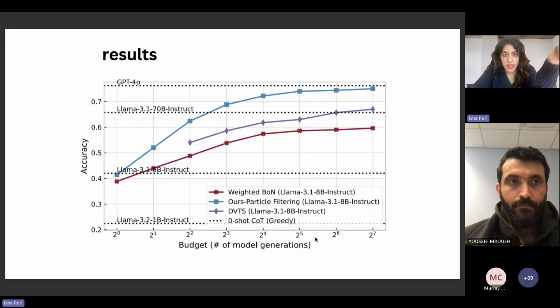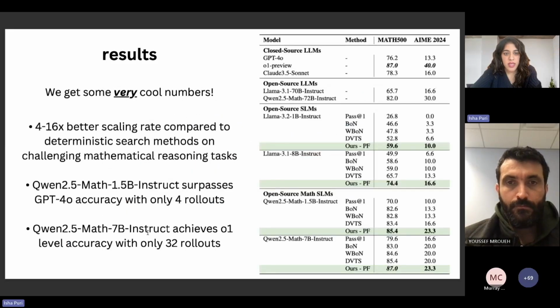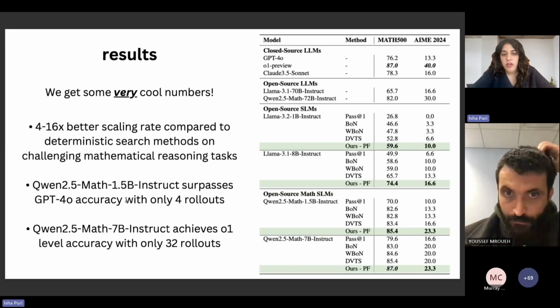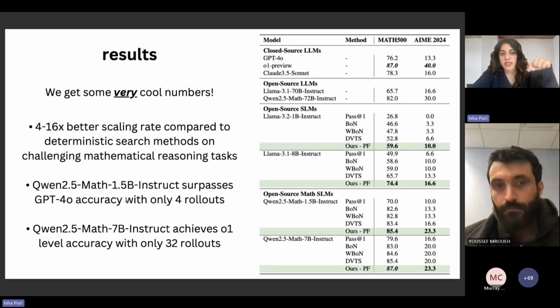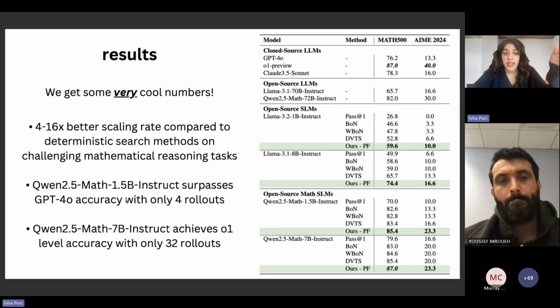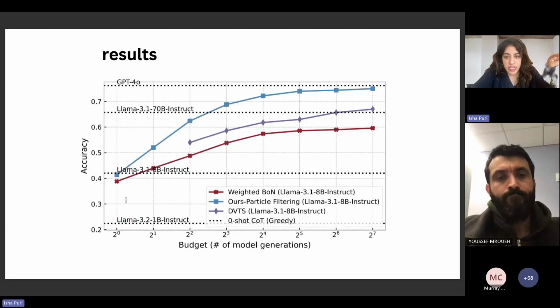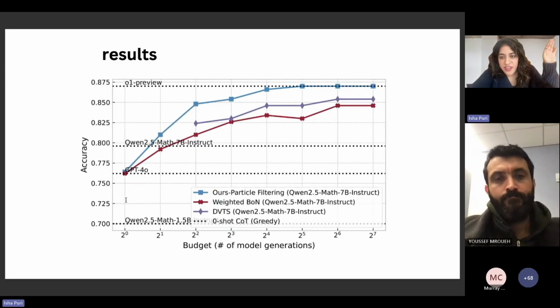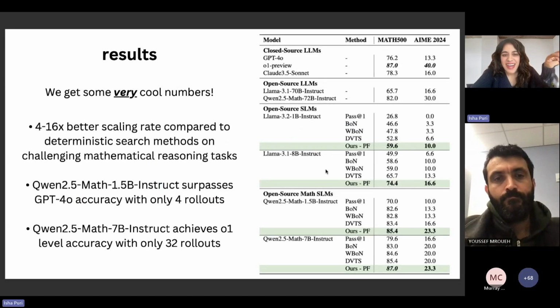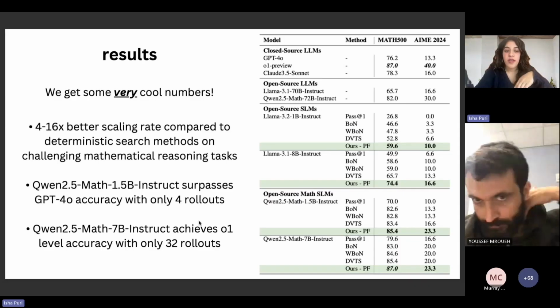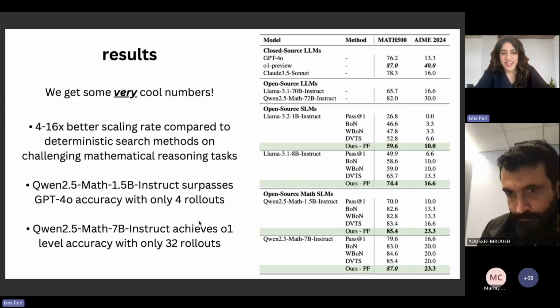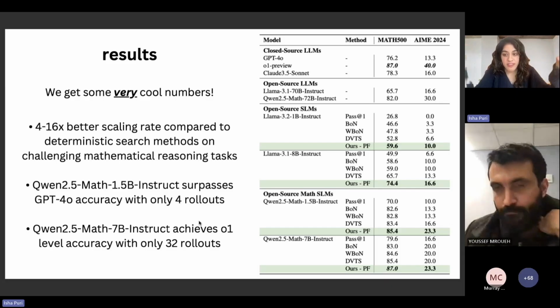The next thing I wanted to highlight is that you have a 1.5B Qwen model. This is a math instruct model that only has 1.5 billion parameters in the entire model, and it's actually able to surpass GPT-4o level accuracy with only 4 rollouts. I did not include the graph, but you can see that in the paper and the website, that the 1.5 billion parameter model surpasses GPT-4o accuracy with 4 rollouts, which is kind of insane because GPT-4o is a truly massive model.